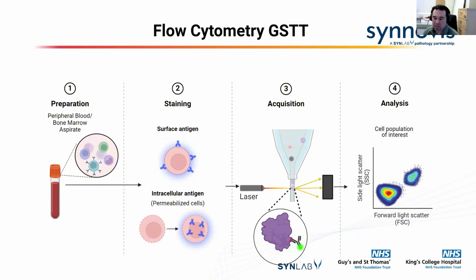We stain the samples, which means we add the antibodies, which are tagged with fluorescent tags. We stain the cells, we then lyse the red cells to get rid of all that noise. Then we acquire on the flow cytometers, and after that we do analysis using specialist analysis software.